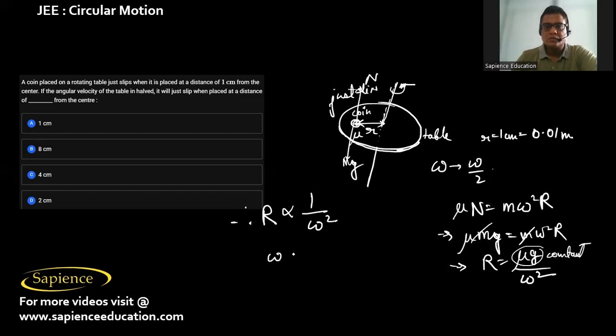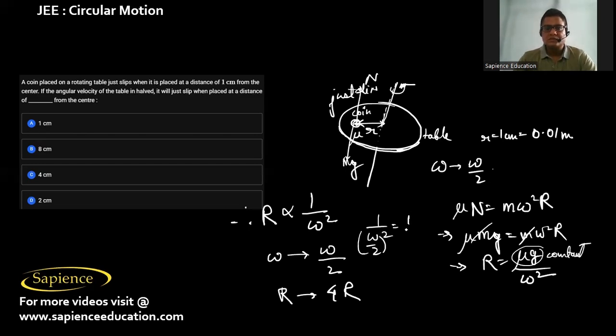So now if omega is reduced to half, then the radius will increase to 4 times. Since if you do 1 by omega by 2 whole square, it will come 4 by omega square. So it means that the radius will be increased to 4 times.